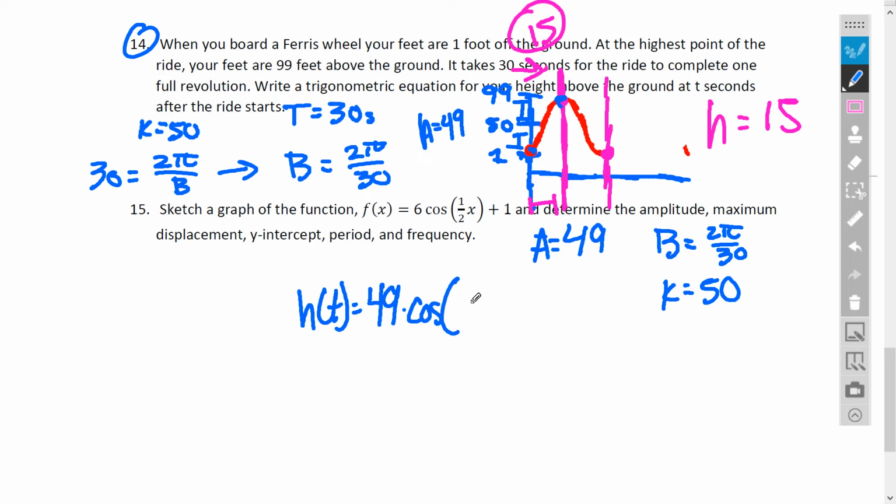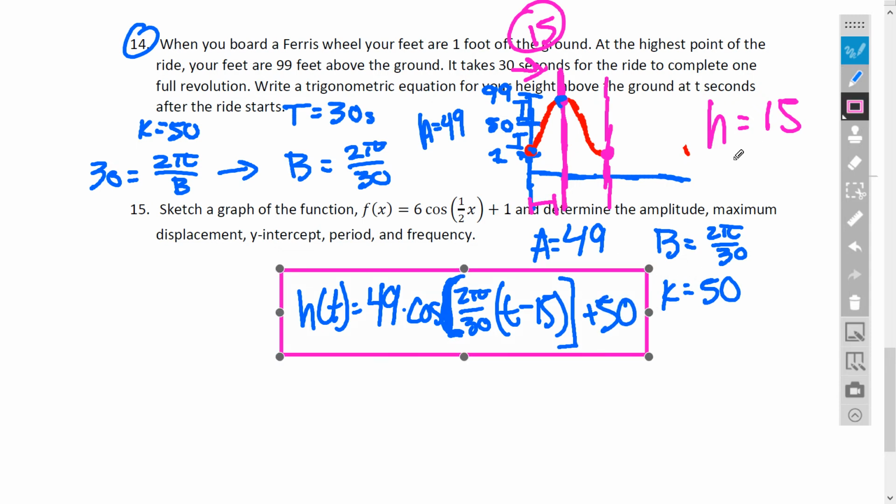Our b value was 2 pi over 30, times t minus 15. Okay, that takes care of the horizontal shift. And then plus our vertical shift, which k was 50.